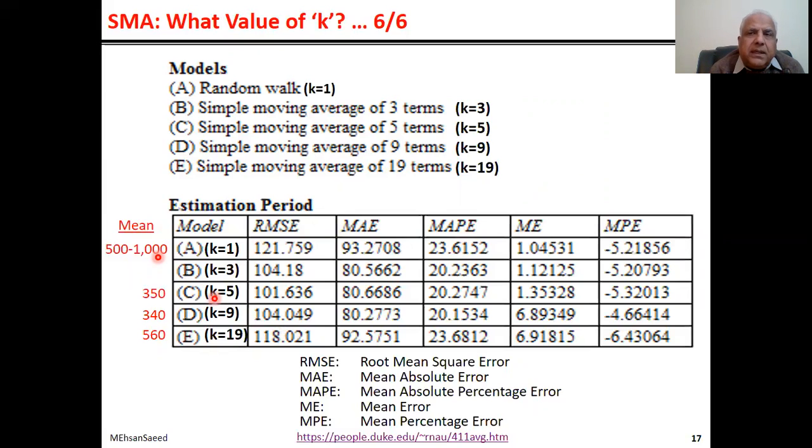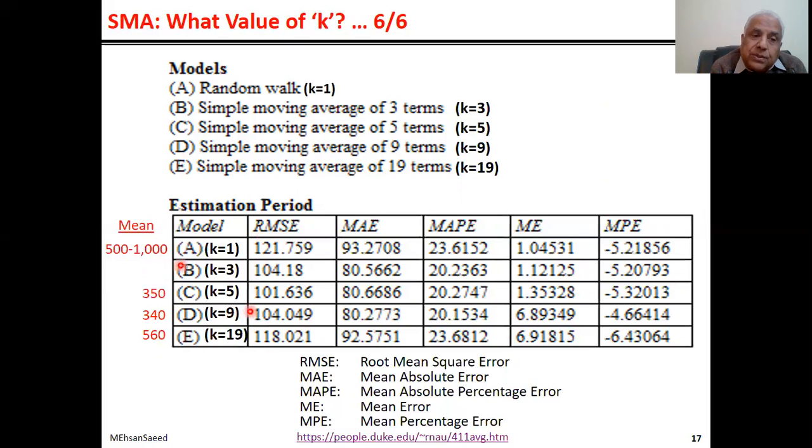But if you are working in terms of mean absolute errors, or your company policy as given in OPAs is mean absolute error, then the minimum error in this column is this one here, which is k is equal to 9.